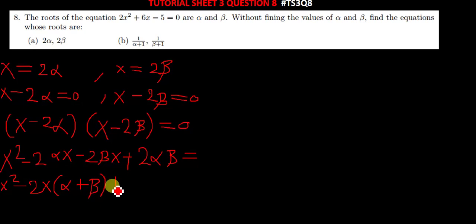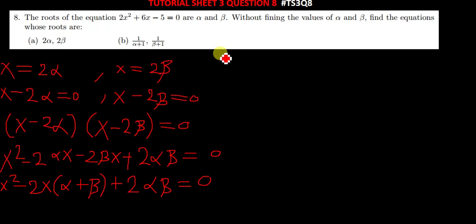Then you have plus 4 alpha beta, being equal to 0. And then you can see we have our alpha plus beta there and our alpha times beta there.